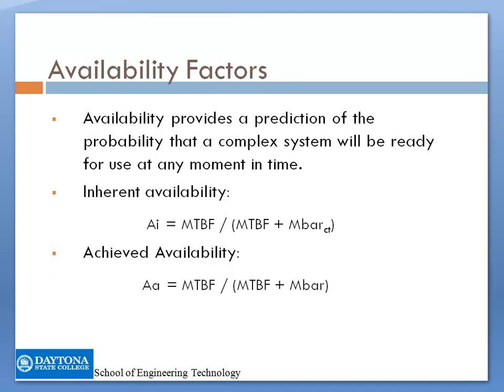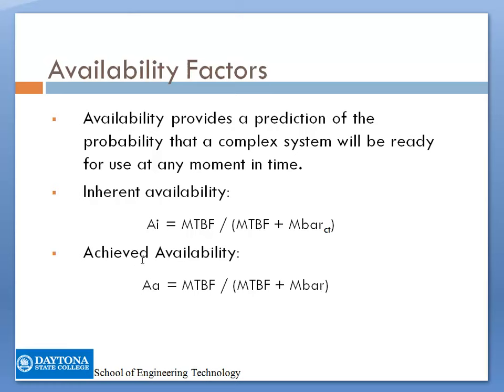You also have availability. And availability provides a prediction of the probability that a complex system will be ready for use at any moment in time. So it's available. There are three ways to calculate the availability. You have the inherent availability, and it's using the mean time between failures, and the M bar, which is part of the mean life.